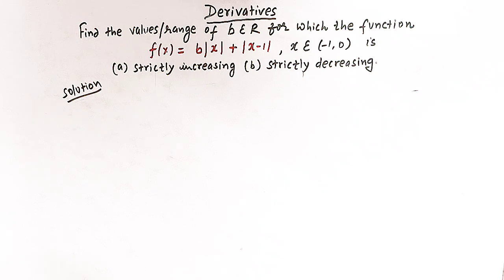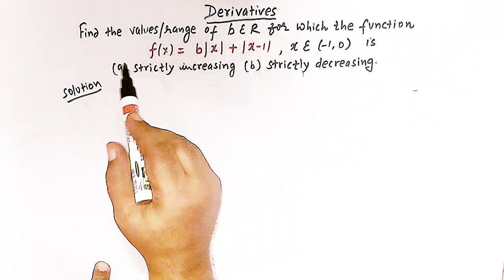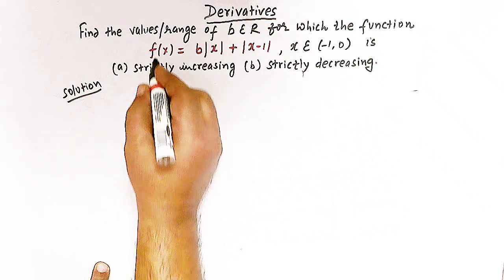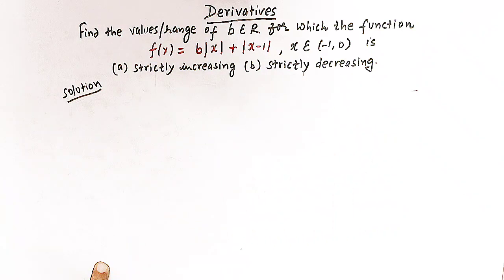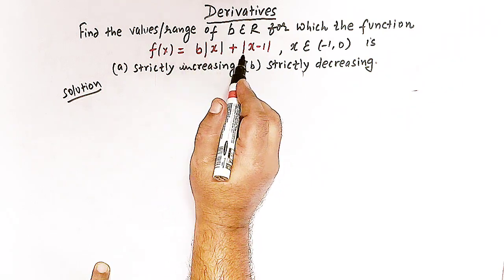So here we'll make use of the concept of derivatives to find the required range of b, for which this function is strictly increasing or strictly decreasing. Let us first quickly see the definition of the mod function, because it is going to be very vital while solving this problem.